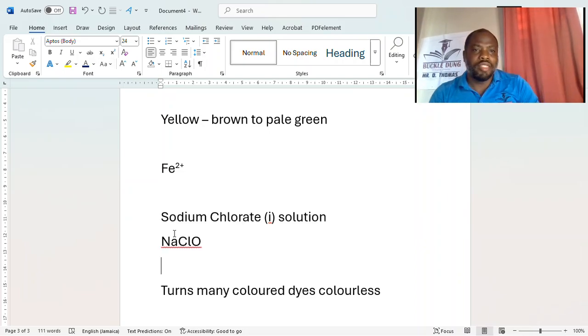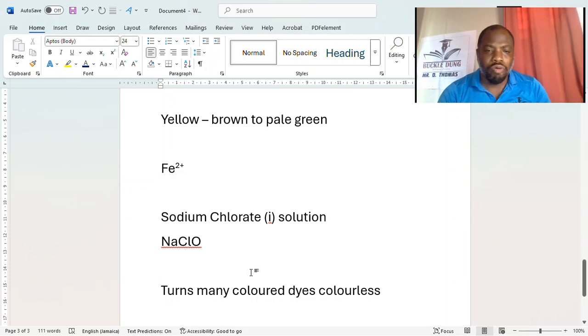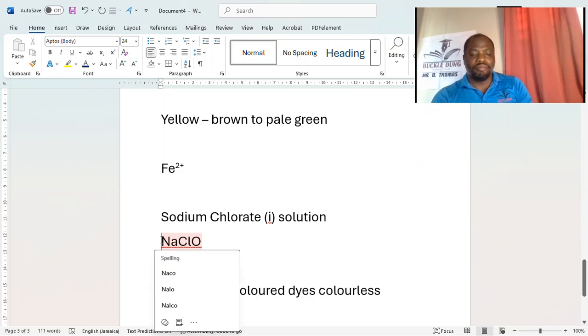So the next oxidizing agent would have been the sodium chlorate ion. We would have known that the chlorate is a negative 1, and we can work it out. We know that the sodium is a plus 1.